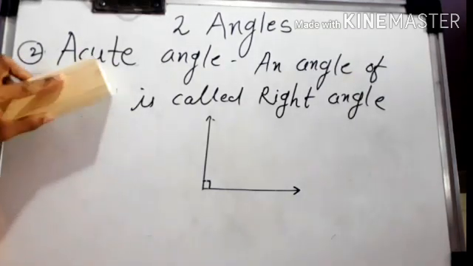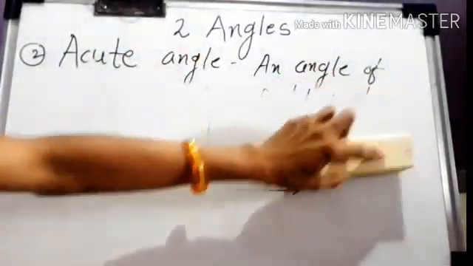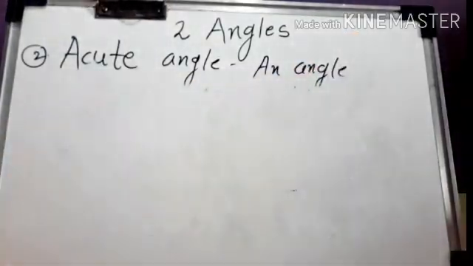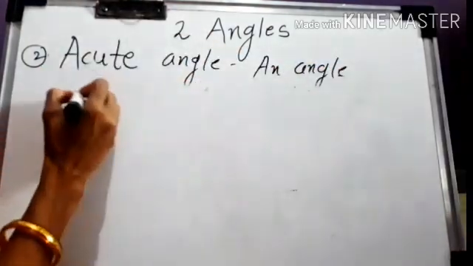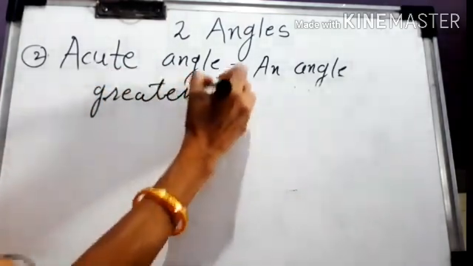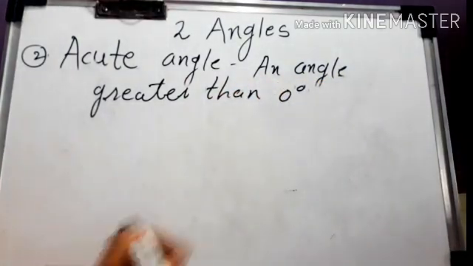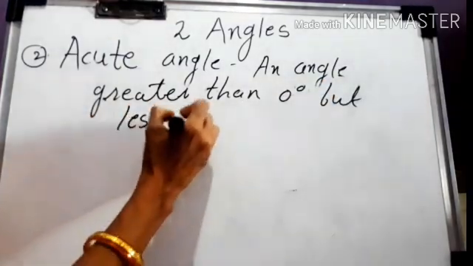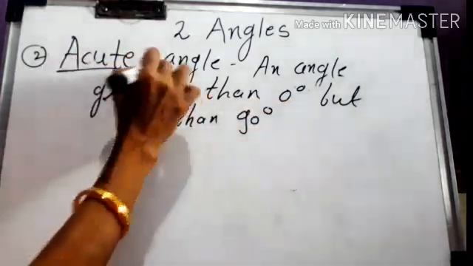An angle which is greater than 0 degree and less than 90 degree is called an acute angle.